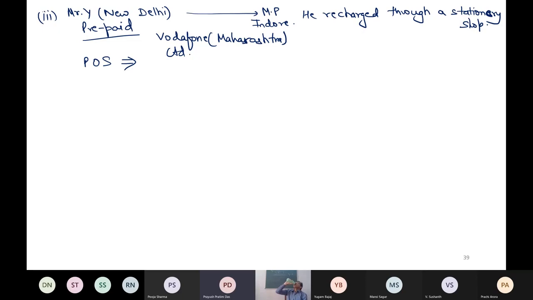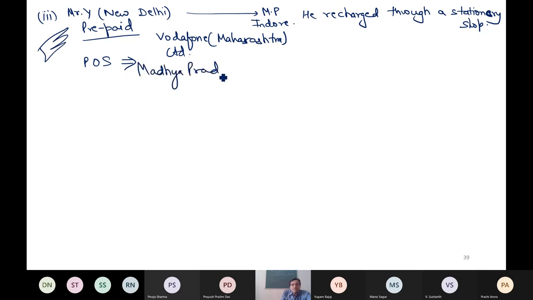Why Madhya Pradesh? What is the place of supply in this case? Prepaid. Answer is Madhya Pradesh.